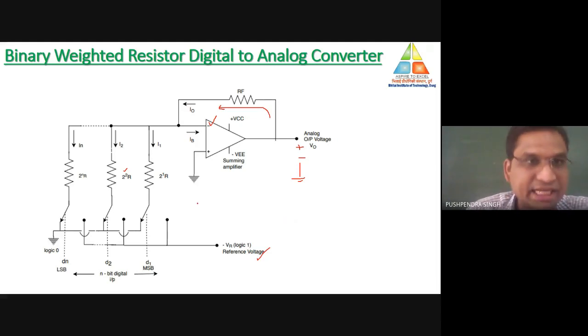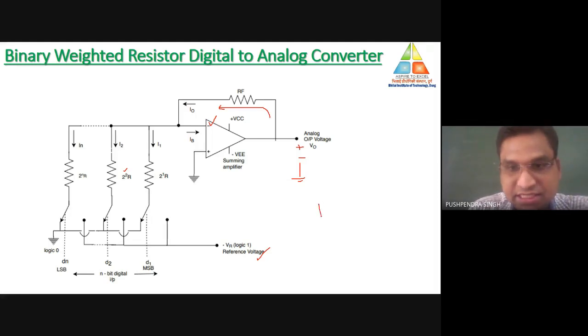What should be noted in case of this binary weighted or any kind of DAC for the calculation purpose? Remember this: as you know, the input signal is in the form of digital bits, because we are converting the digital signal into analog form. This is our main aim for the DAC conversion.